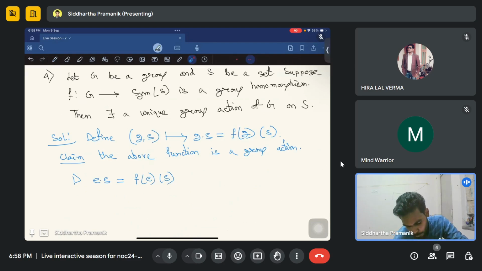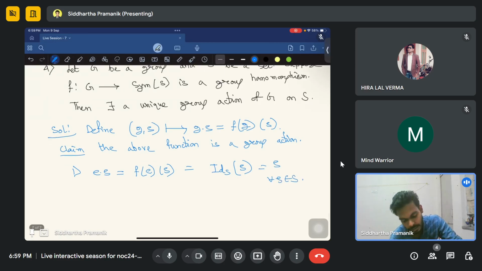Since f is a group homomorphism, f of e should be the identity of the symmetric group of S. So this is the identity function on S, right? So we are evaluating it at small s. Since this is the identity function, this should be the same as s. So the first property is true.